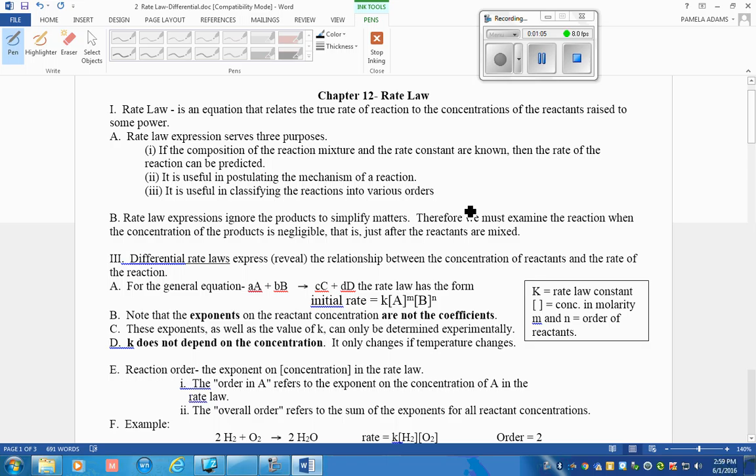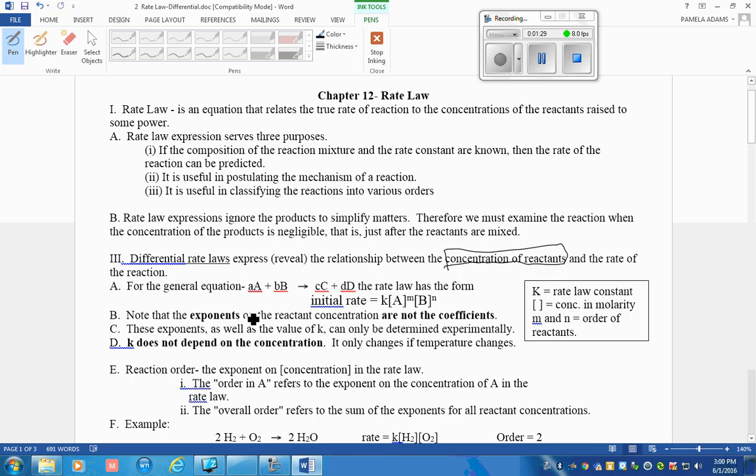So we're looking at the instantaneous rate when you mix two things together. We're going to be talking in this section about the differential rate law. That tells us how the concentration of the reactants, this is really important, the concentrations of the reactants affect the rate of the reaction.